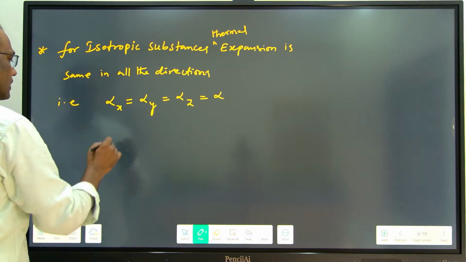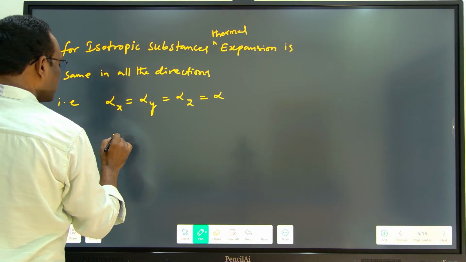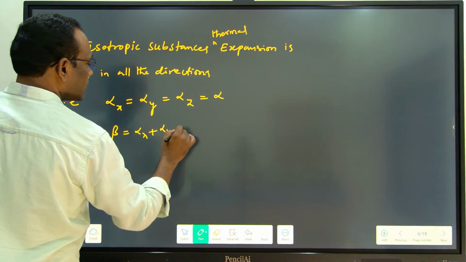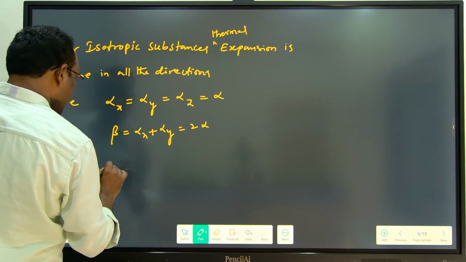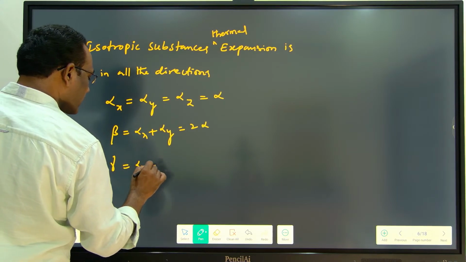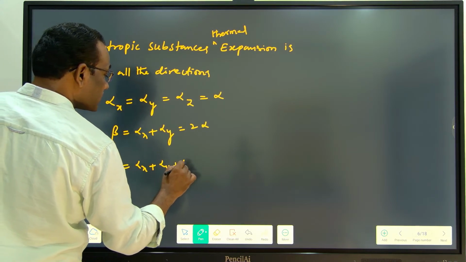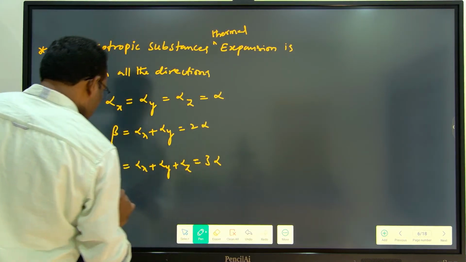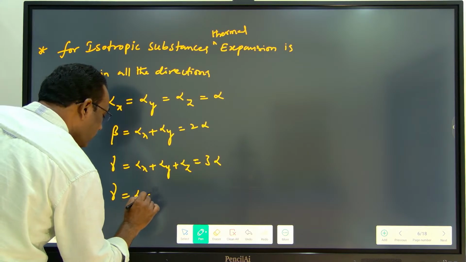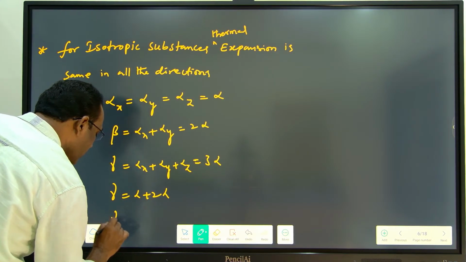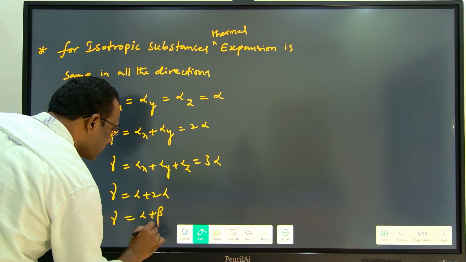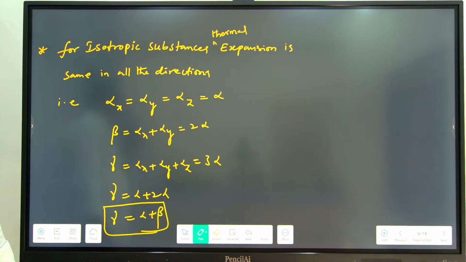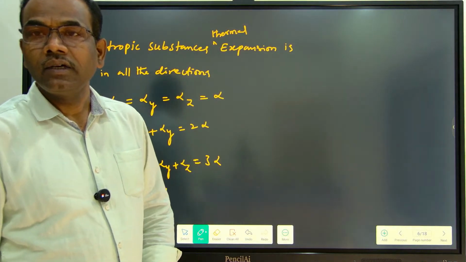That's why in this case we define beta equal to alpha x plus alpha y, which equals 2 alpha, and gamma equal to alpha x plus alpha y plus alpha z, which equals 3 alpha. Also, this is alpha plus 2 alpha, but 2 alpha is nothing but beta. These are the relations among these coefficients alpha, beta, and gamma.